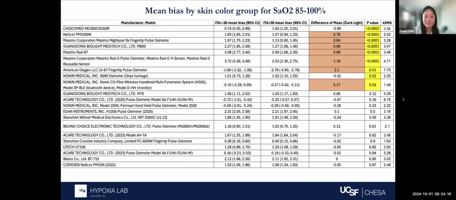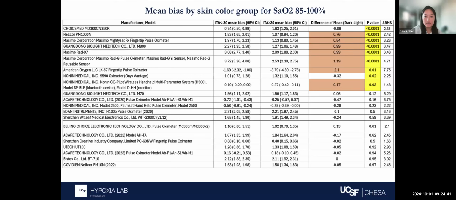Thanks, Caroline. Hi, everyone. My name is Danny. So we were interested in seeing if the bias between the dark and light skin color groups are significantly different. And this table shows the mean bias of the dark and light skin groups, the difference of their means, and the p-value that suggests the significance of the difference at the SaO2 85 to 100% range.